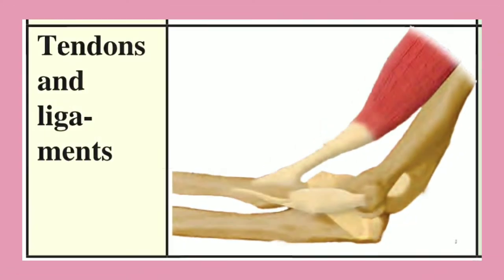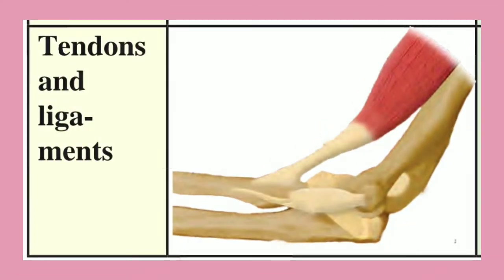Next type of connective tissue is tendons and ligaments. They are present at the joints. Tendons are fibrous, strong and less elastic, whereas ligaments are strong and highly flexible. Tendons join muscles to the bones and ligaments join two bones to each other.